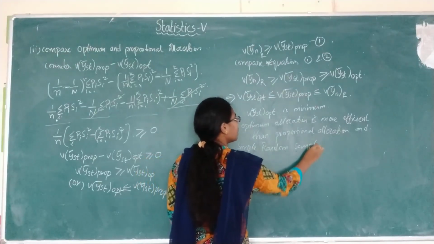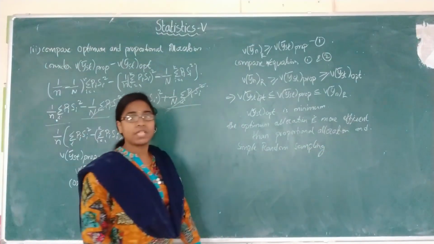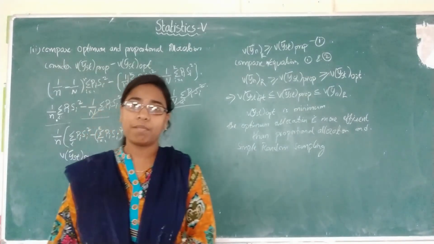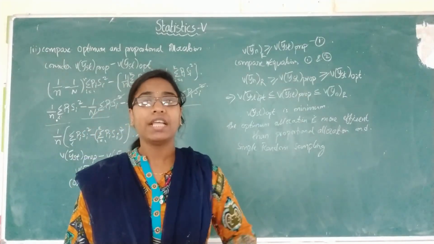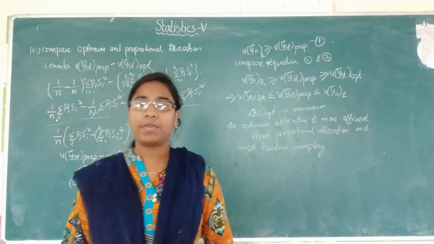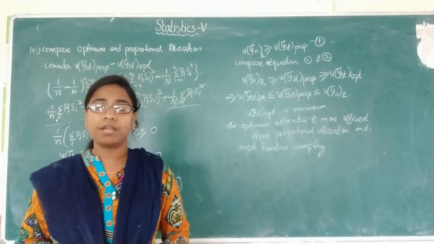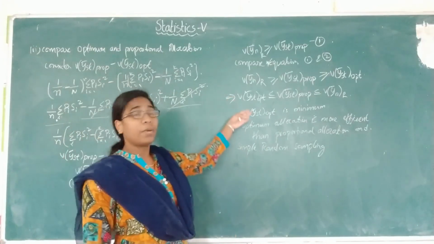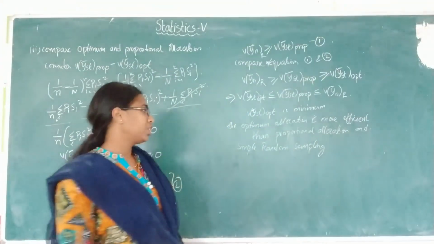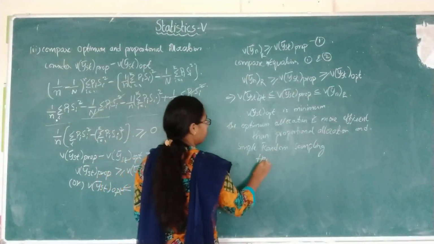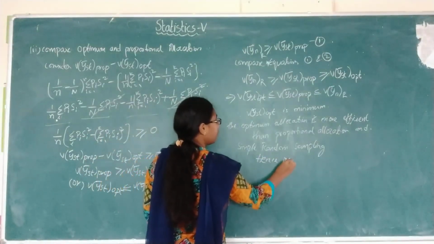So always when you consider simple random sampling and stratified random sampling, the stratified random sampling is more efficient than the simple random sampling. And within the stratified random sampling also, optimum allocation is more efficient than the proportional allocation. Hence proved. So this is a very important theorem.